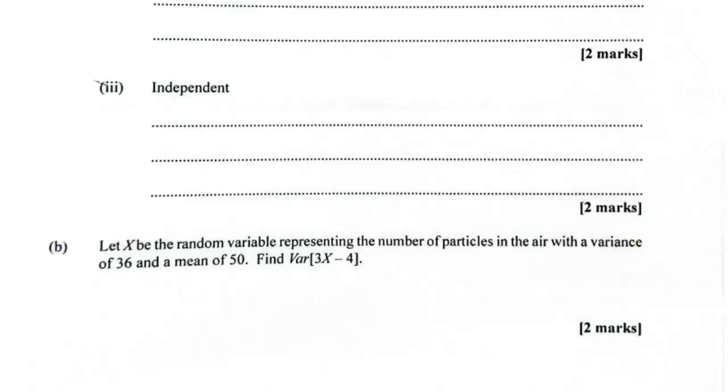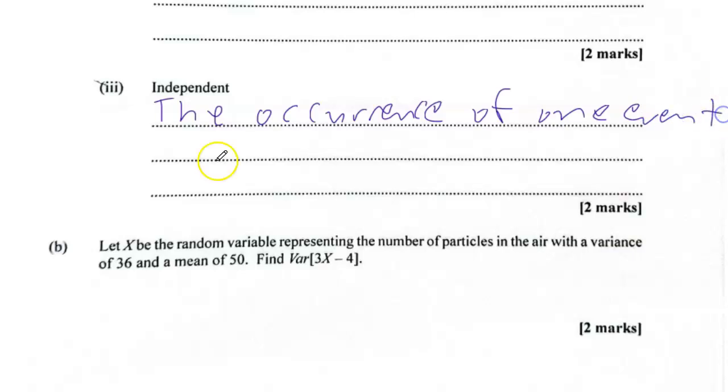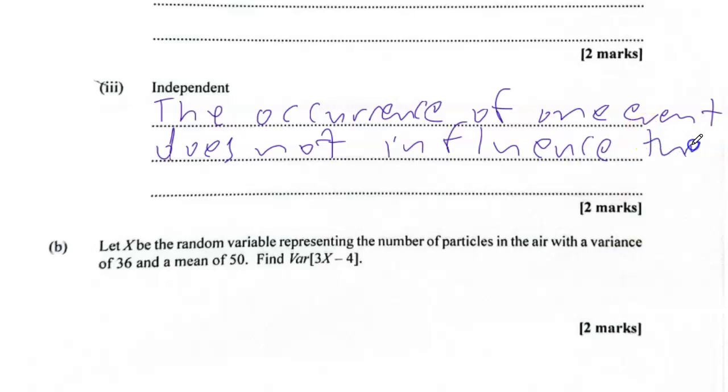Two events are independent if the occurrence of one event does not affect or influence the occurrence of the other.